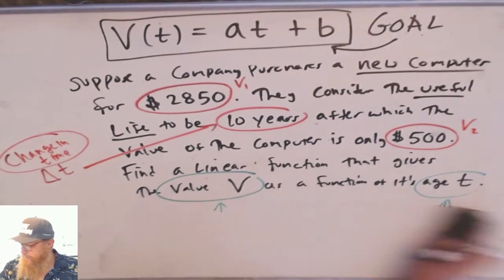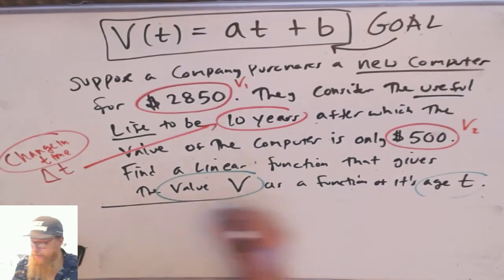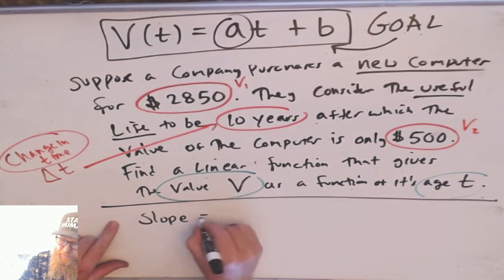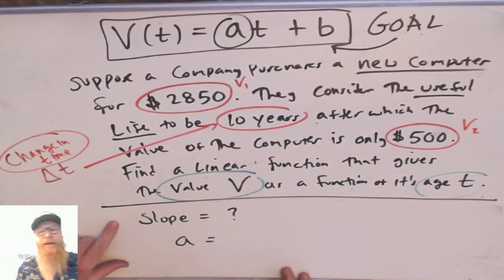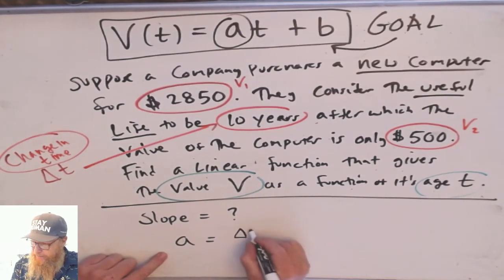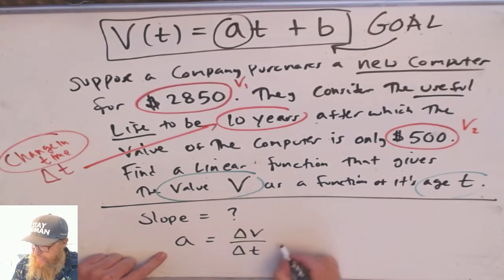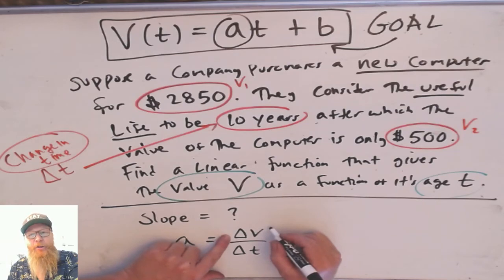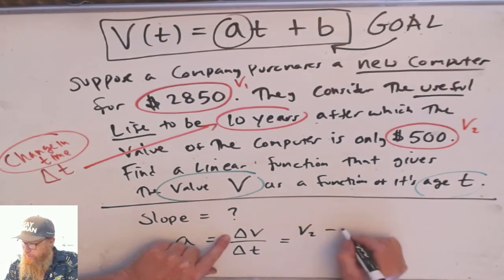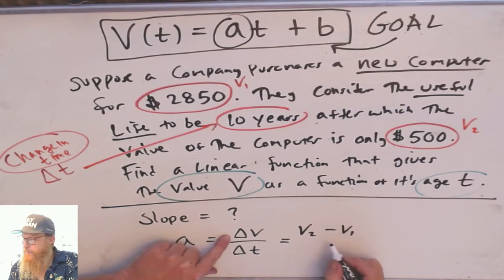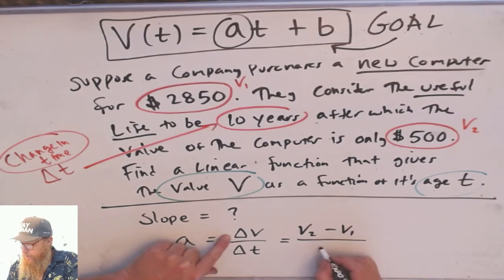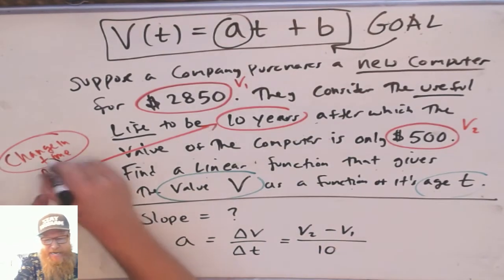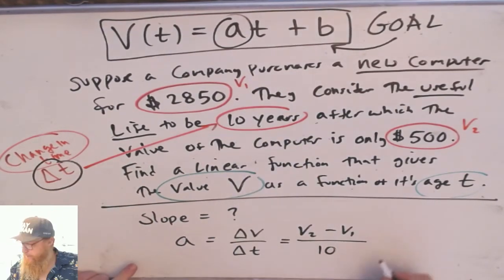All right. So I got to erase some of this stuff. Let's find A first, slope. That's going to be delta V over delta T. Delta V is the change in value, V2 minus V1, over 10. Because I already know that delta T was given to be 10.